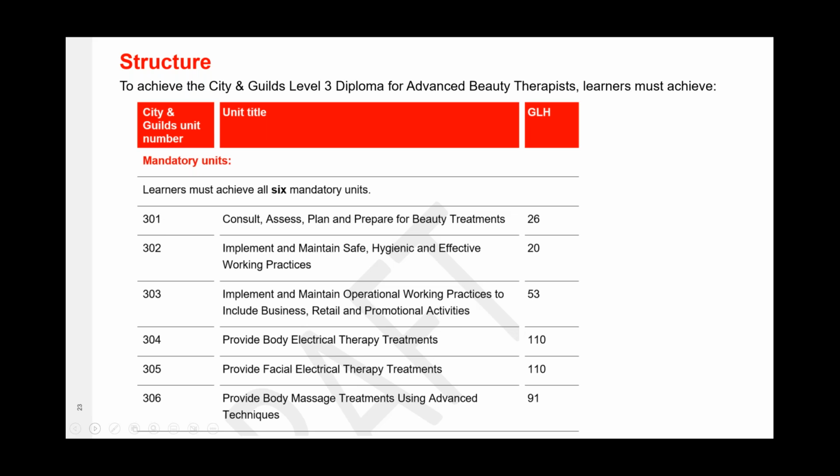And 306 is to provide body massage treatments using advanced techniques, as Emma stated.